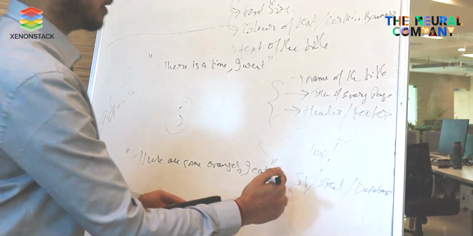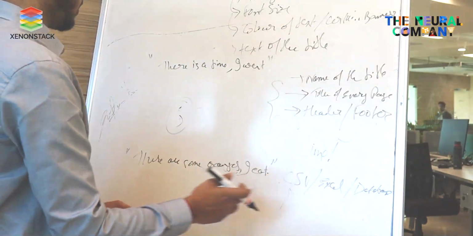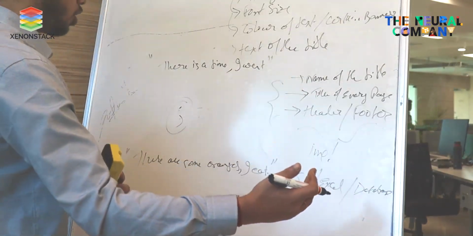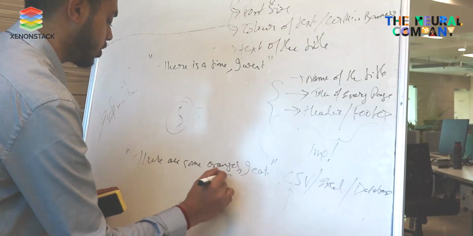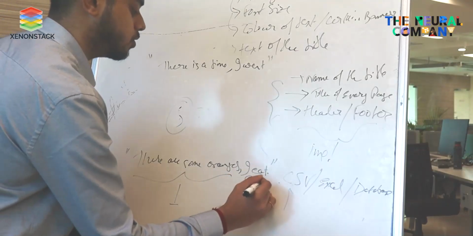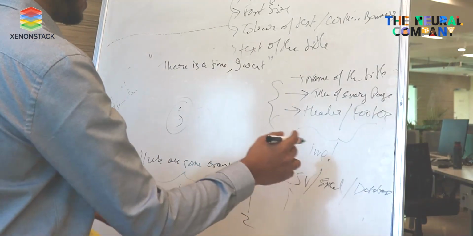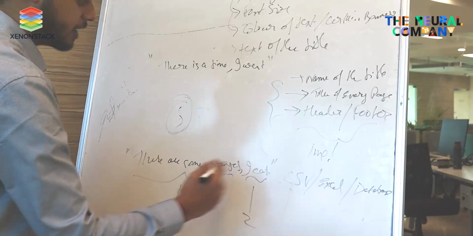Now if I use my CSV file, then it will get distributed into two columns, one column and a second column. But I want it all together. So I use the semicolon approach for dividing it.